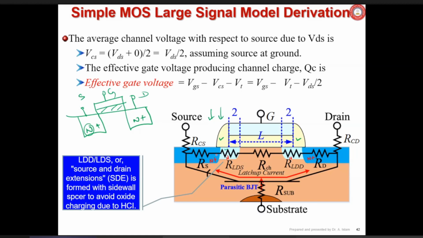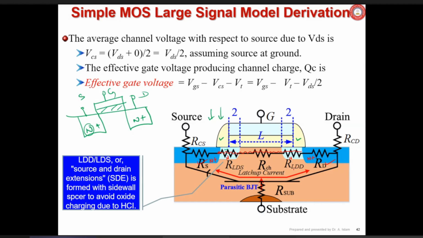The resistances are all over. For your understanding, only three resistances are shown, but everywhere you have resistance, even the N plus region has some low resistance. It is denoted by RD, and this is denoted by RS.